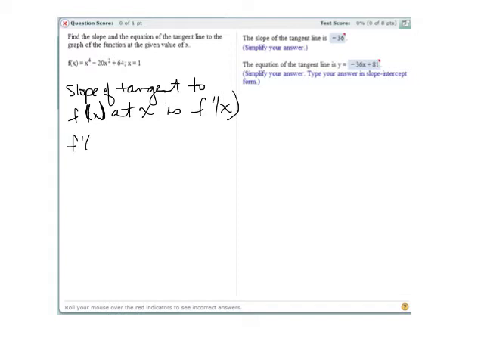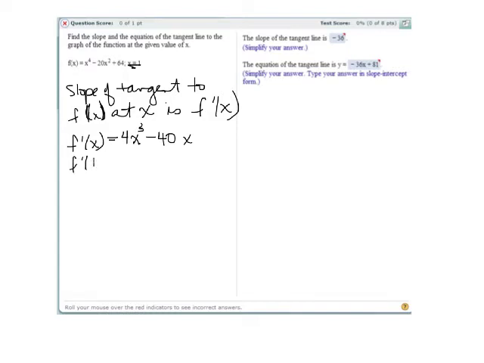So f prime at x is equal to the derivative of x to the fourth, which is 4x cubed, minus the derivative of 20x squared, so that's going to be 20 times 2x or 40x, plus the derivative of 64, which is a constant, which is 0. So that's the slope of the tangent line at any x value, but we want it specifically at x equals 1.